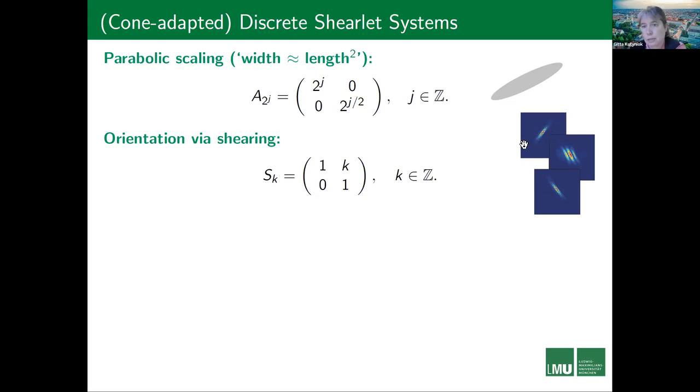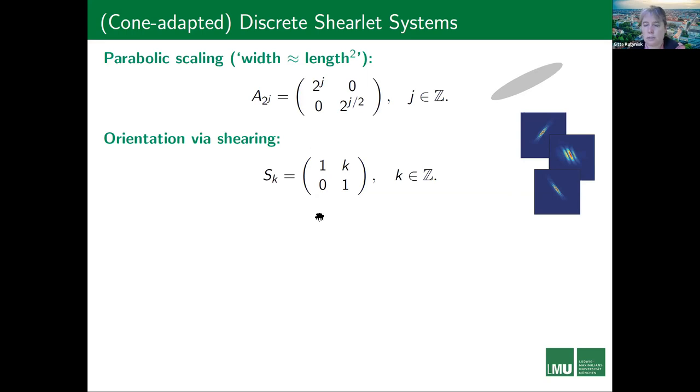Now, since they are anisotropic, direction based, you also need to change the direction to be able to approximate any curve. The changing of direction is done here by a shearing matrix, not rotation, because rotation would destroy the digital grid, so it would not give a faithful implementation.